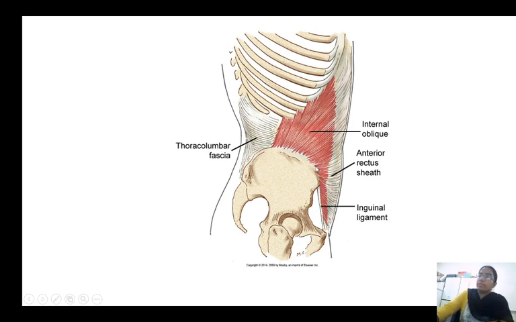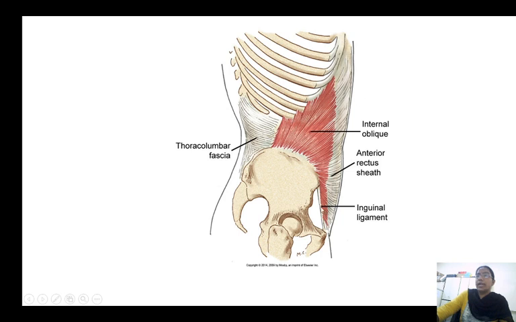When you see the other fibers, the upper fibers, these fibers go backwards, arch around backwards, then come forward medially and get inserted into the linea alba, forming the roof of the inguinal canal.